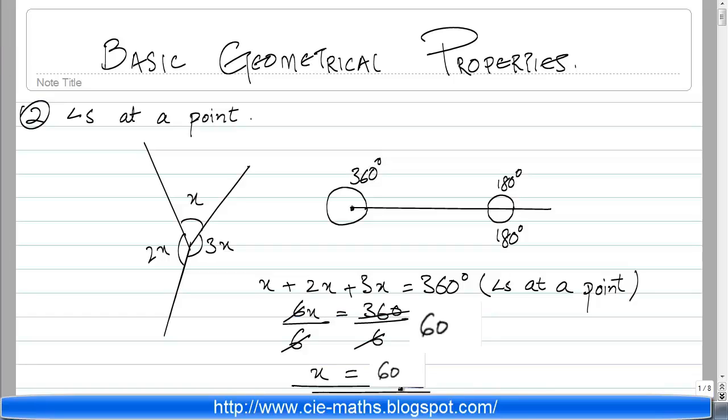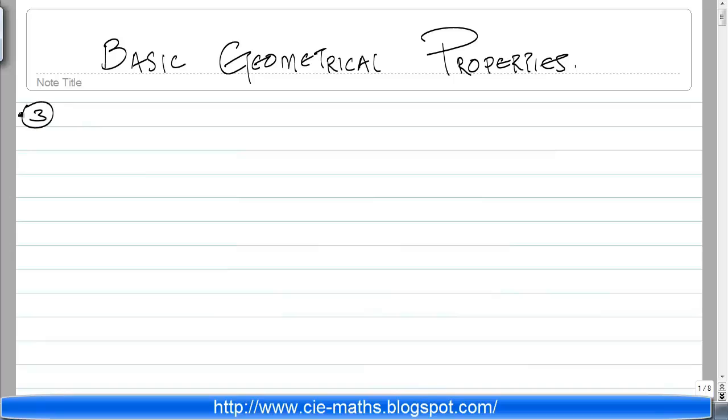Let's have a look at the third property. The third property is a property that relates to two intersecting lines. It simply says that when two straight lines intersect each other, vertically opposite angles are equal.